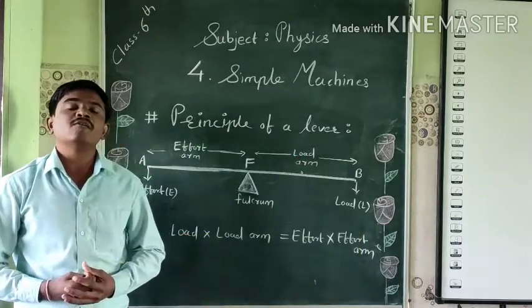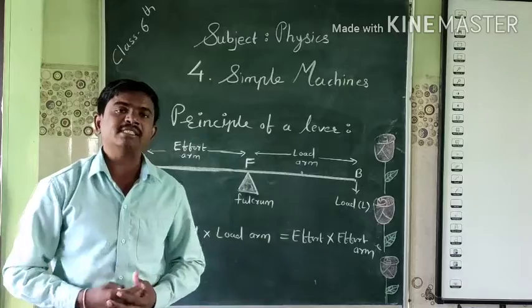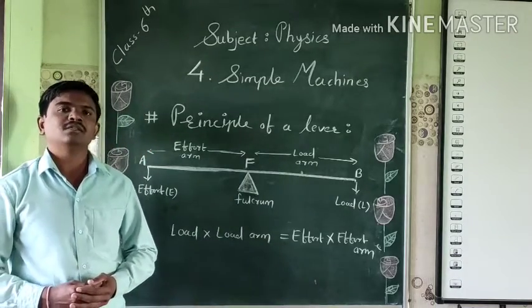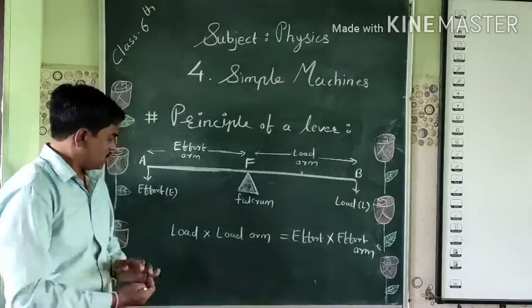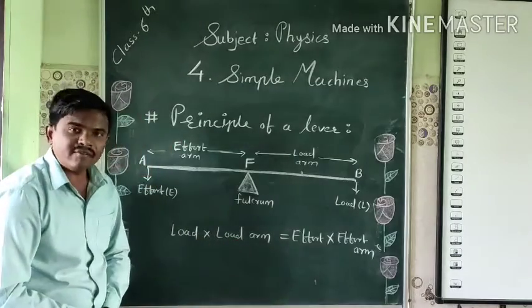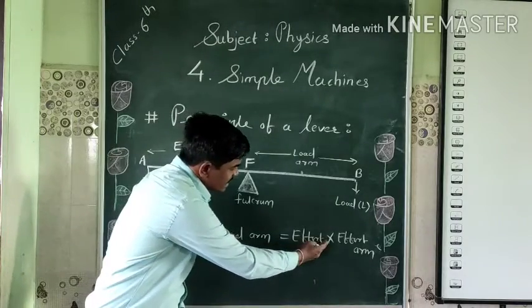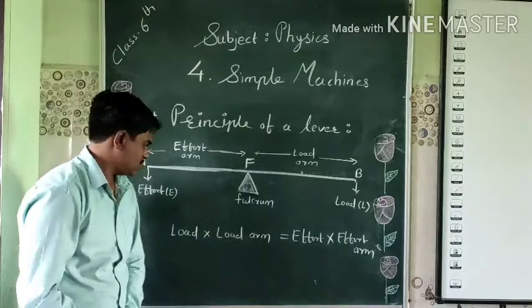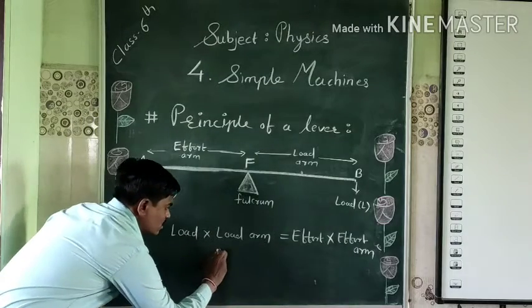When the lever is in balanced or horizontal position, we find that load multiplied by load arm equals effort multiplied by effort arm.